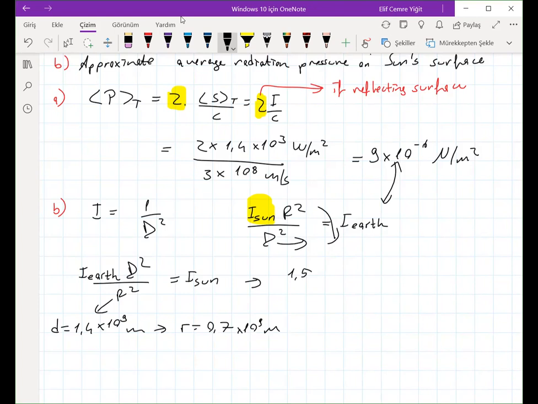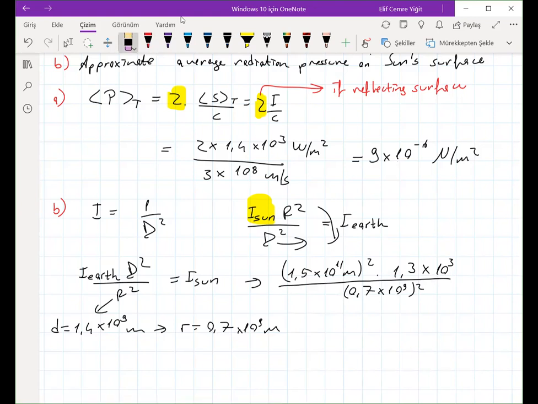Okay, so 10 to 11 meter, this was the distance, square, times 1.3 times 10 to 3 over 0.7 times 10 to 9 square. Okay, so we don't have this.